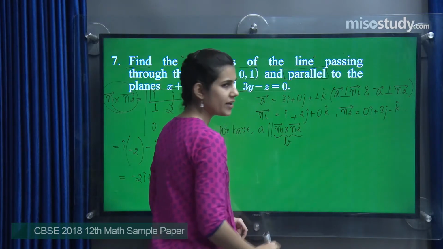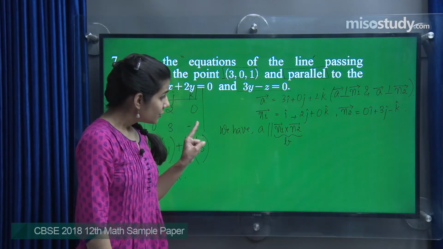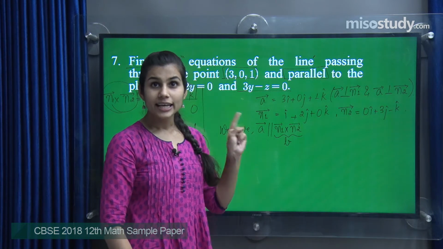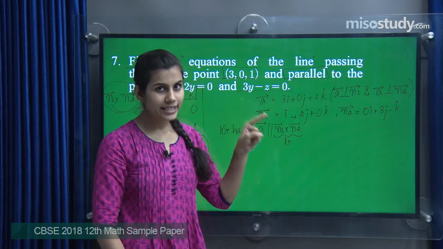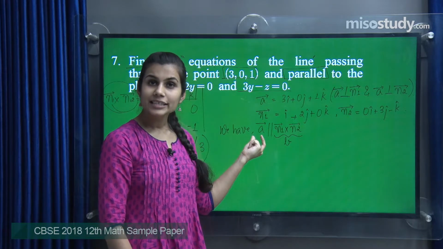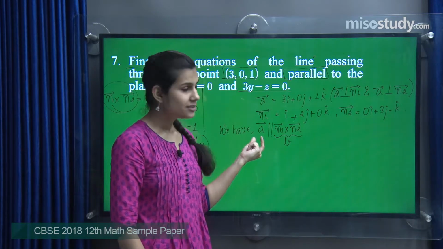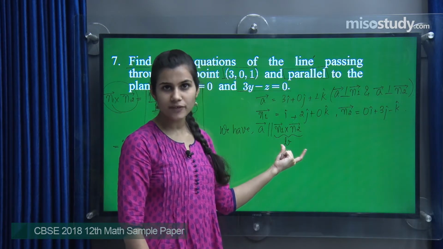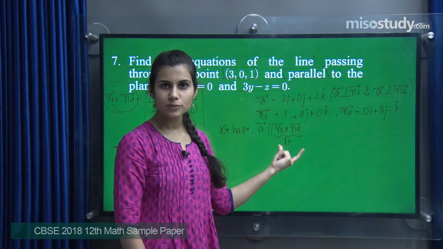Take this as your vector B. What is it now that I have? Well, the line is passing through the point whose position vector is this A vector, and parallel to the vector B, which over here is n1 vector cross n2 vector, this cross product.